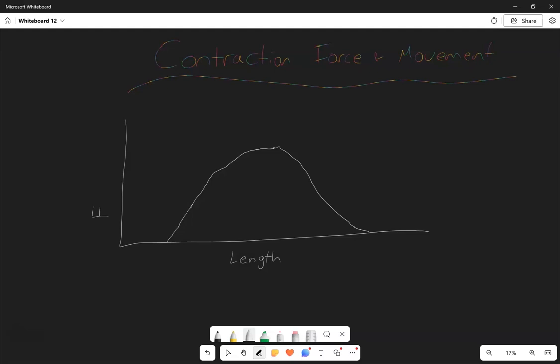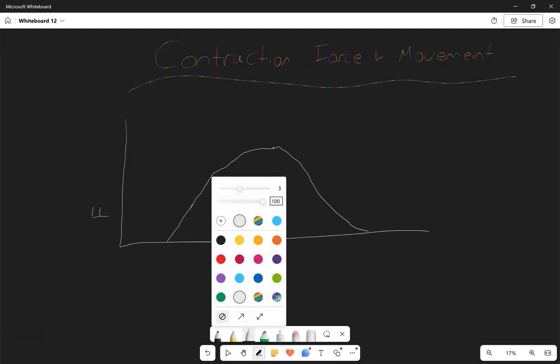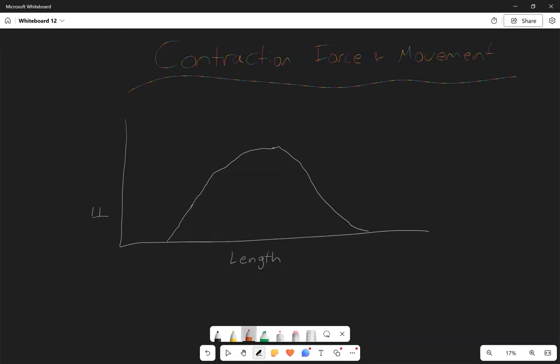So remember from our discussion on sarcomeric anatomy that there were elastic fibers inside of that muscle cell. So you have what is referred to as an optimal length, right? Where you generate the optimal amount or the maximum amount of force.